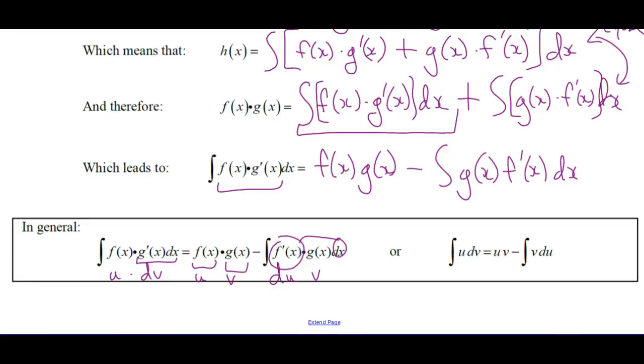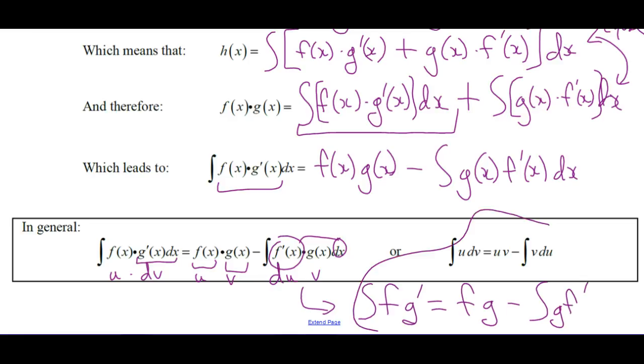And also, this isn't exactly on the formula sheet, it comes out in this form. The integral of f g prime is equal to f g minus the integral of g f prime. So these are the two forms that are on the formula sheet. I'm going to more or less stick with just the u dv form, right?